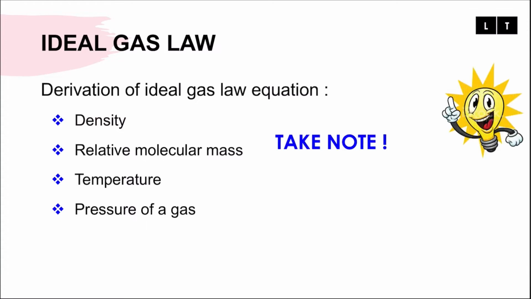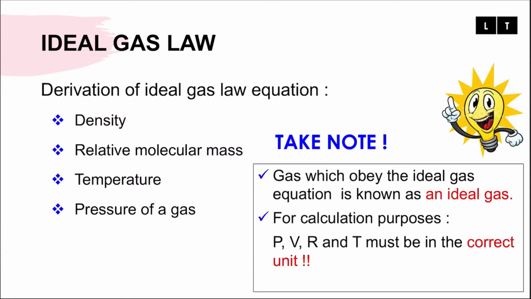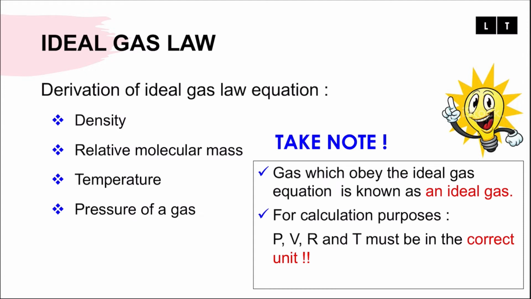Tetapi you have to take note that gas which obey ideal gas equation adalah gas yang kita panggil sebagai ideal gas. Dan sekiranya awak nak gunakan calculation untuk this part, awak kena pastikan units untuk pressure, volume, gas constant dan juga temperature mestilah dalam unit yang betul so that you get the correct value.